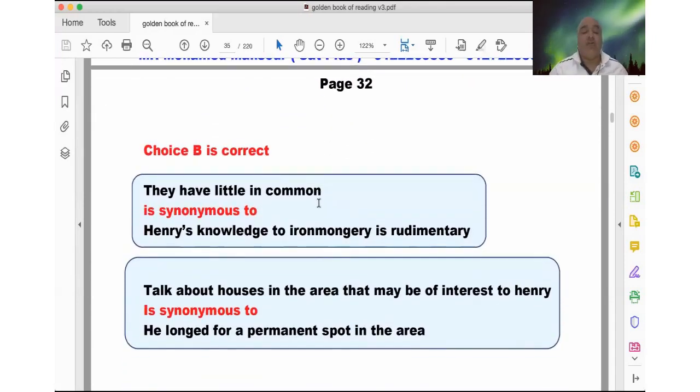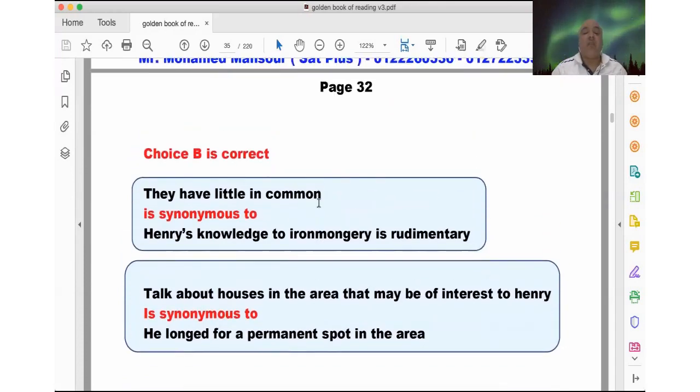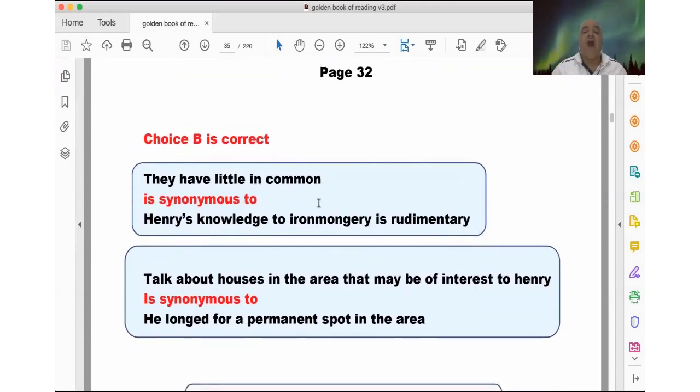Going through the choices, choice B, they have little in common, is synonymous to Henry's knowledge of ironmongery being rudimentary.